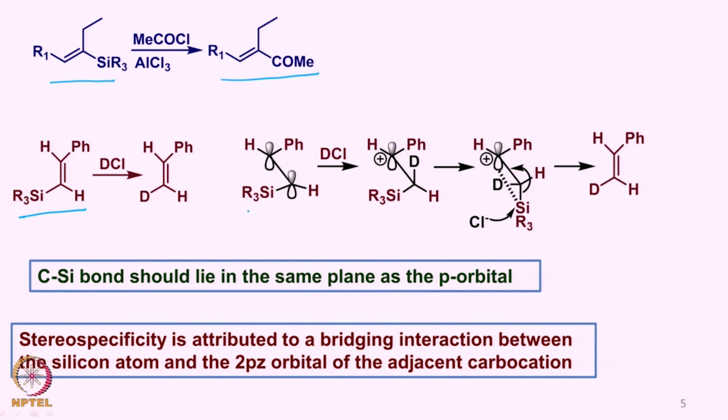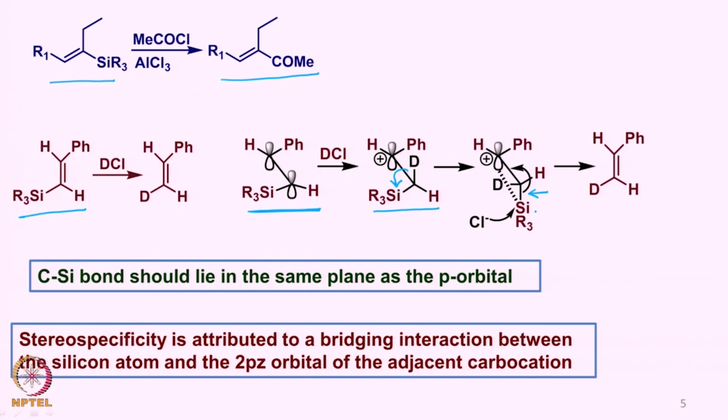Writing the orbitals like this, if the deuterium attacks from the top, we get such a carbocation intermediate, and this intermediate will now undergo a rotation in such a fashion that the carbon-silicon bond goes down. That is the least motion we can expect to see in this case, and it is energetically favorable.